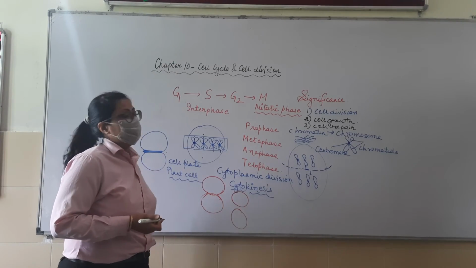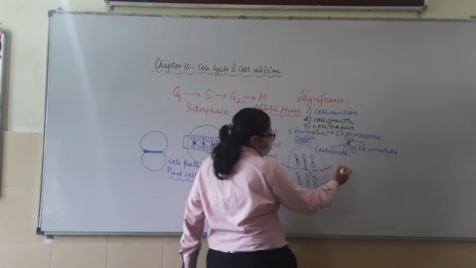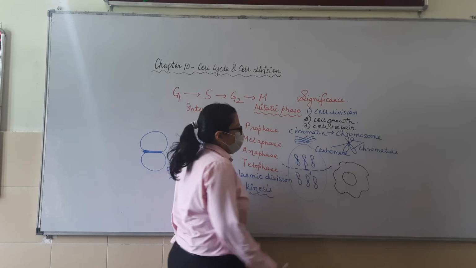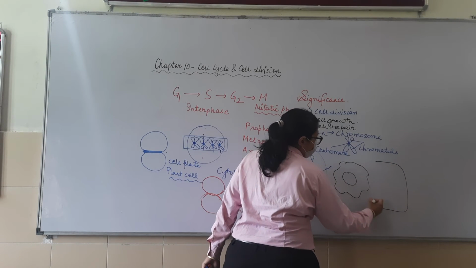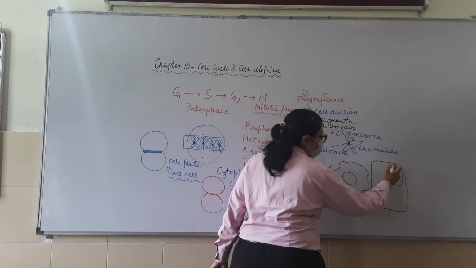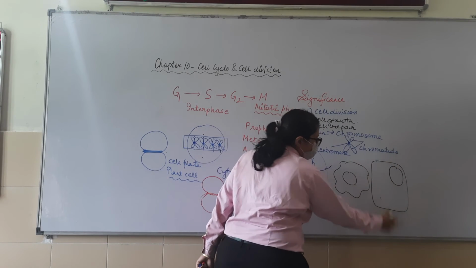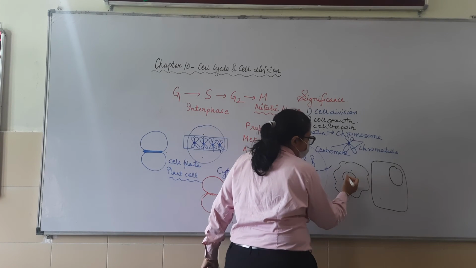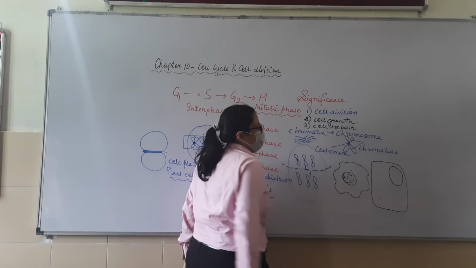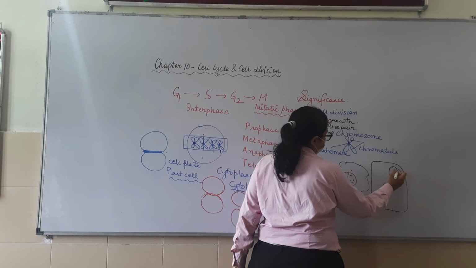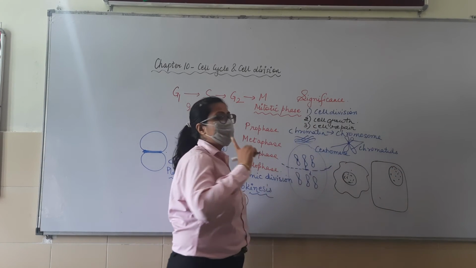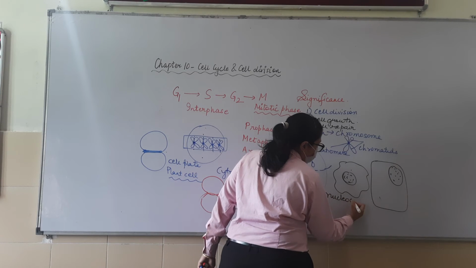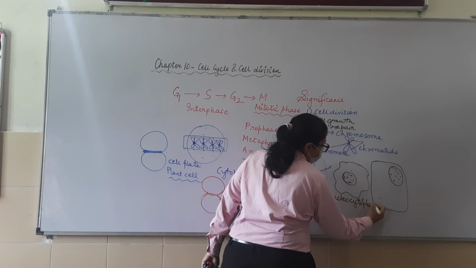And another important thing, suppose I talk about animal cell: roughly see the location. In animal cell, the nucleus is at the center, and in plant cell, it is at the periphery. Now, depending on the type of cell, there will be the nucleocytoplasmic ratio.